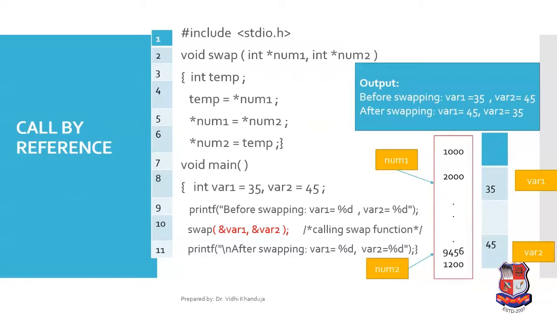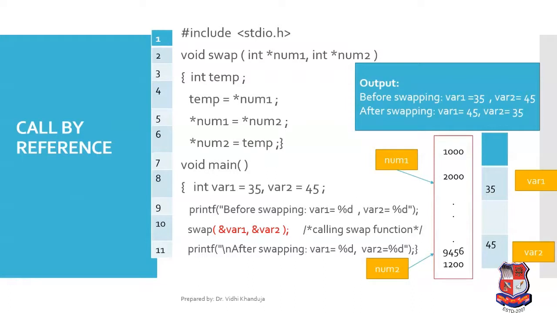Similarly, the value at 2000, that means this particular memory location, what value am I storing here? The value at num2. So 45 is stored at this location in the memory.